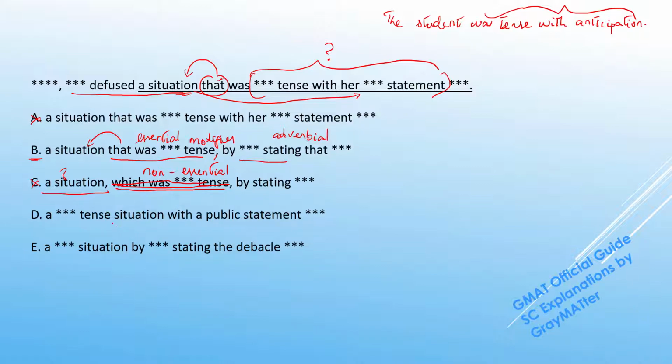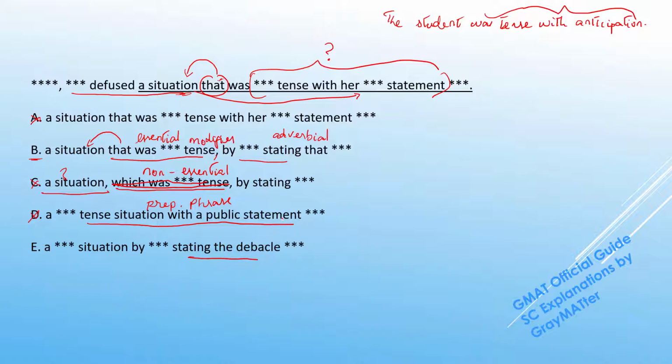Now in D, we once again have a grouping of words that's quite odd. So we have this prepositional phrase, tense situation with a public statement. When you read this properly, tense situation with a public statement, you understand that this once again makes no logical sense. And finally in E, we have this logic that she diffused a situation by stating the debacle.